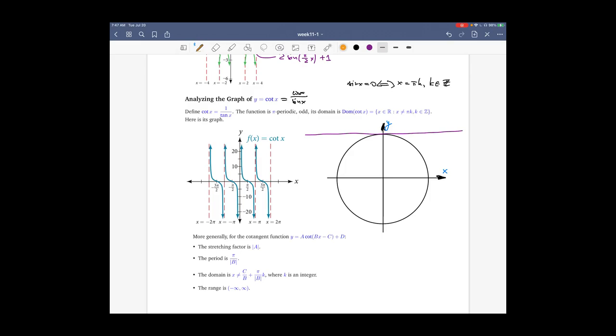If this here is x, then this distance is cotangent x.